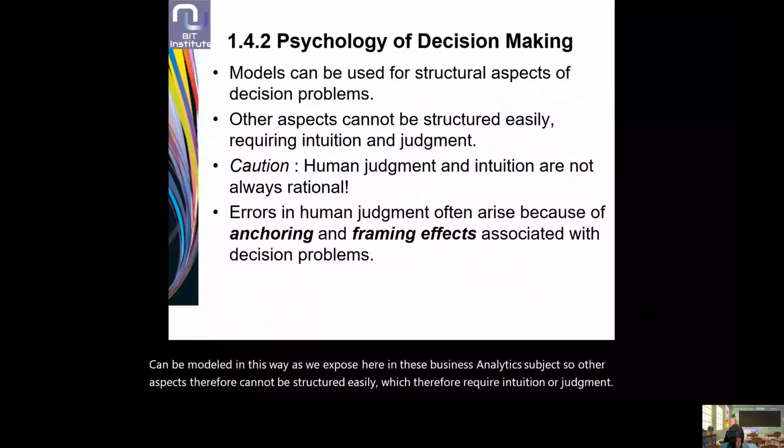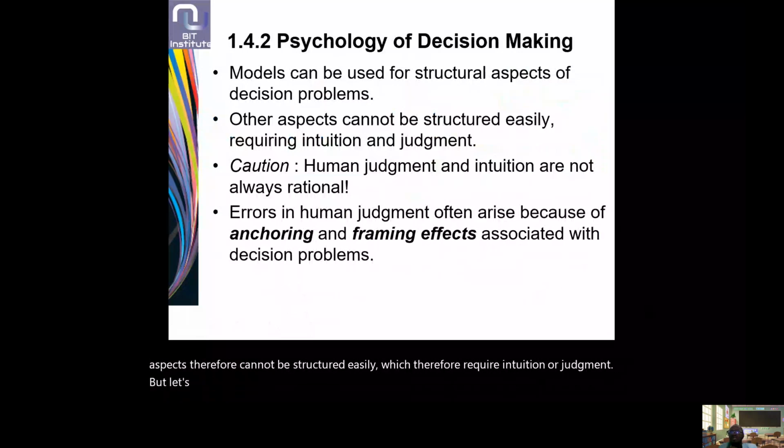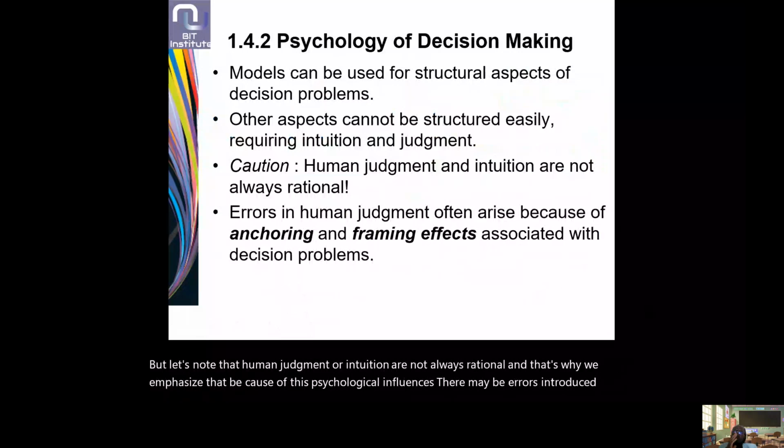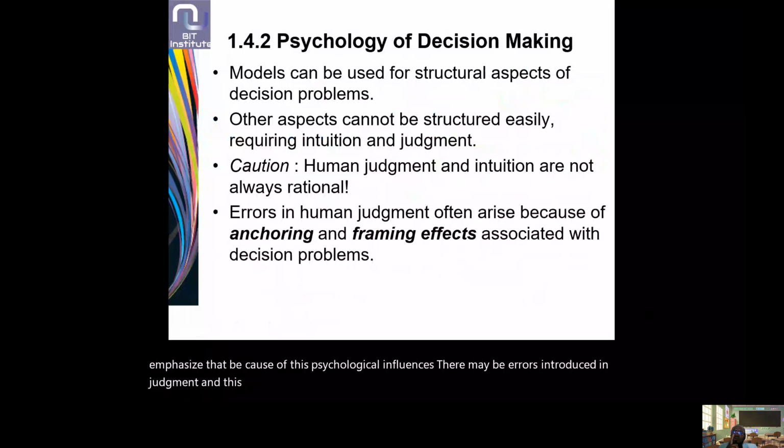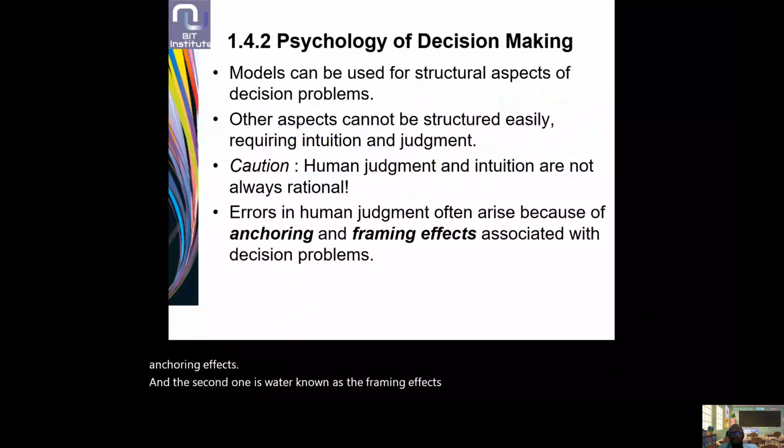But let's note that human judgment or intuition are not always rational. And that's why we emphasize that because of these psychological influences, there may be errors introduced in judgment, and these errors mostly stem from two psychological things. One is what we are calling anchoring effects, and the second one is what are known as the framing effects associated with decision problems.